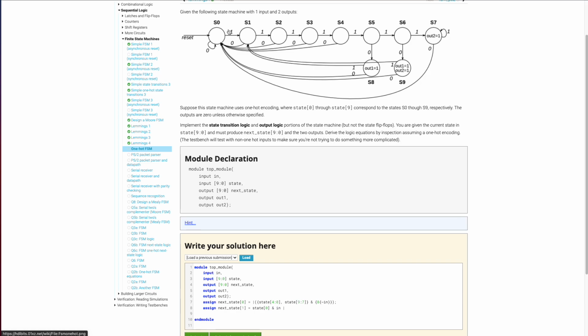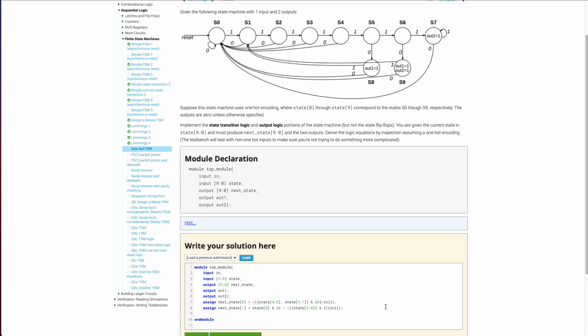So this arrow points to here, and then also if state of 9 or 8, and like this. So either of these combined with in goes to S1.